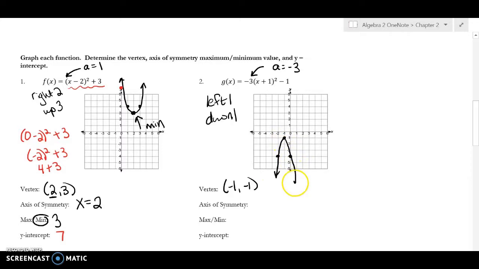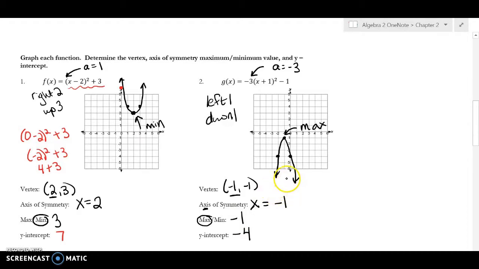We just found where it crossed the y-axis. So we found our y-intercept of negative 4. Sometimes that's going to happen. All right, my axis of symmetry, axis has an x, so it's x, and my x happens to be negative 1. And this right here, this is a max point, and my max point is at negative 1.